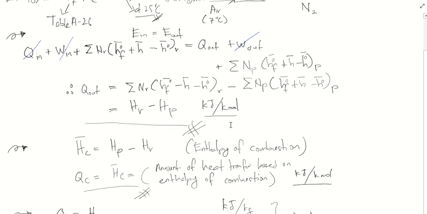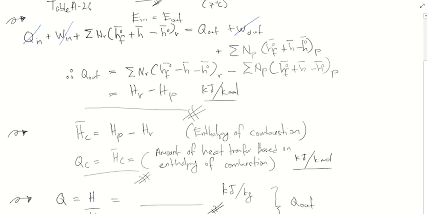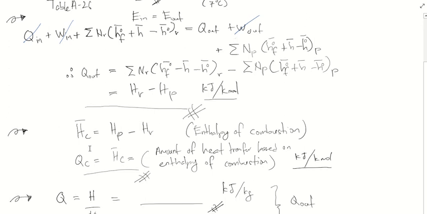Okay, so next we have another one, which is the enthalpy of combustion itself. Just now it was Q out, the enthalpy of reaction. Next is the enthalpy of combustion. We calculate the enthalpy of combustion as equal to HP minus HR. So QC just now is Q out.